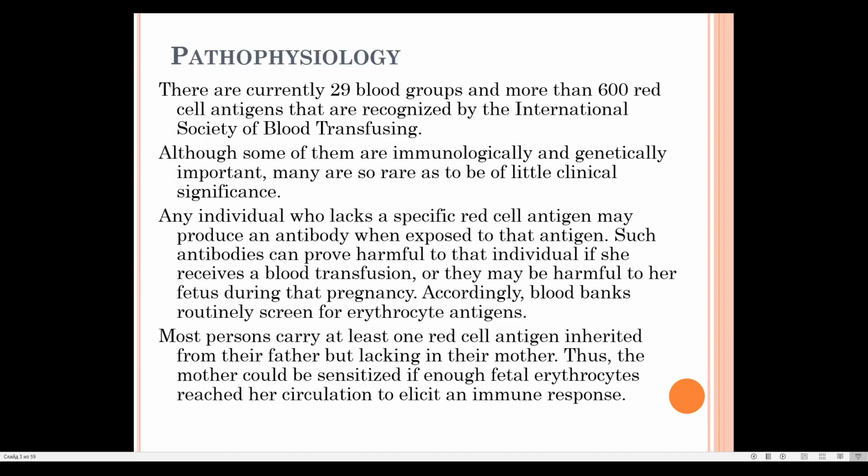Pathophysiology. There are currently 29 blood groups and more than 600 red cell antigens that are recognized by the International Society of Blood Transfusion, so they are studied and known. Although some of them are immunologically and genetically important, many are so rare as to be of little clinical significance. Any individual who lacks a specific red cell antigen may produce an antibody when exposed to that antigen.